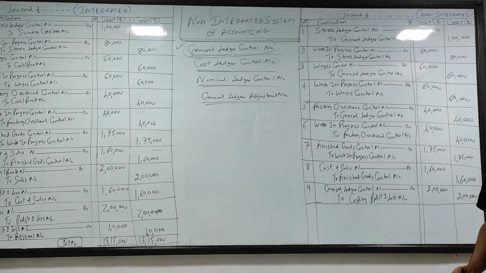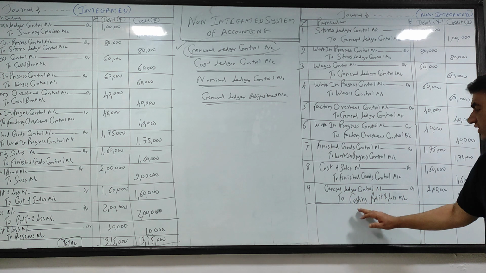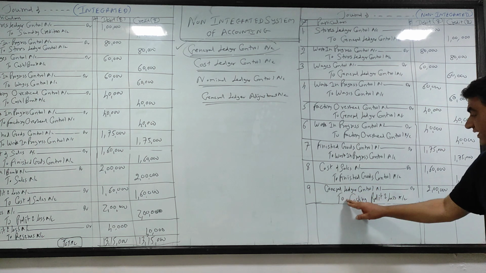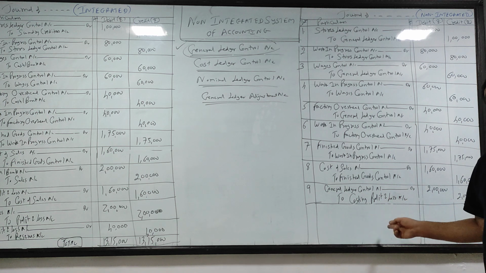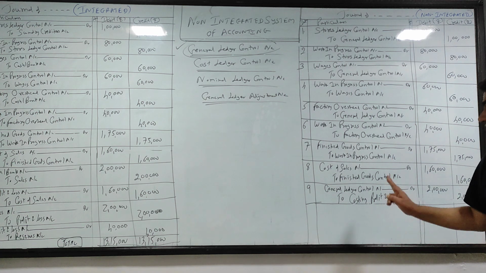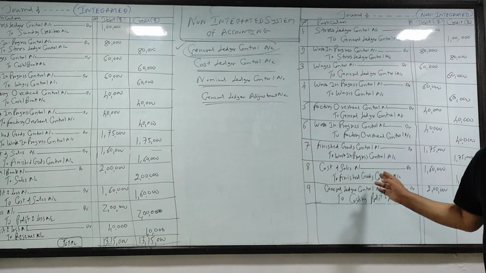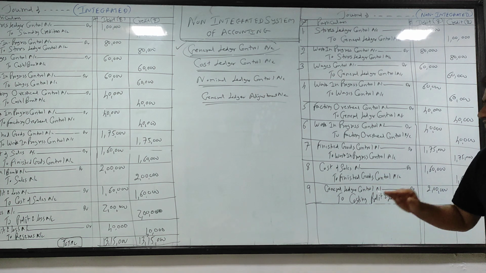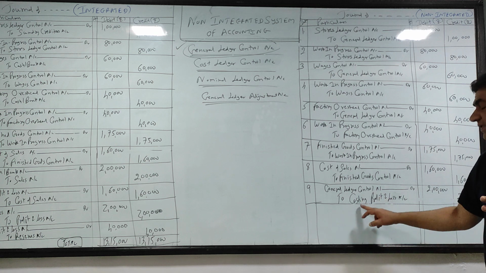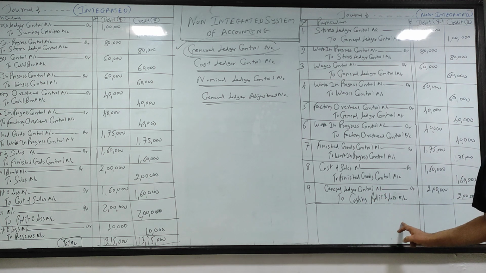So I'll repeat. General ledger to costing P&L. If I write general ledger to sales, next entry will be transferring sales to costing P&L. So there it will be sales to costing P&L. The net effect is same. Sales gets cancelled. Because this is a basic question, I am passing a direct entry to costing P&L.